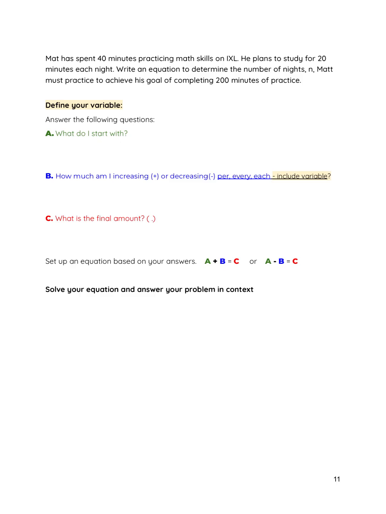Do we know how many nights he has to do it? No. So that's my variable. My variable is N for nights because I don't know how many nights.